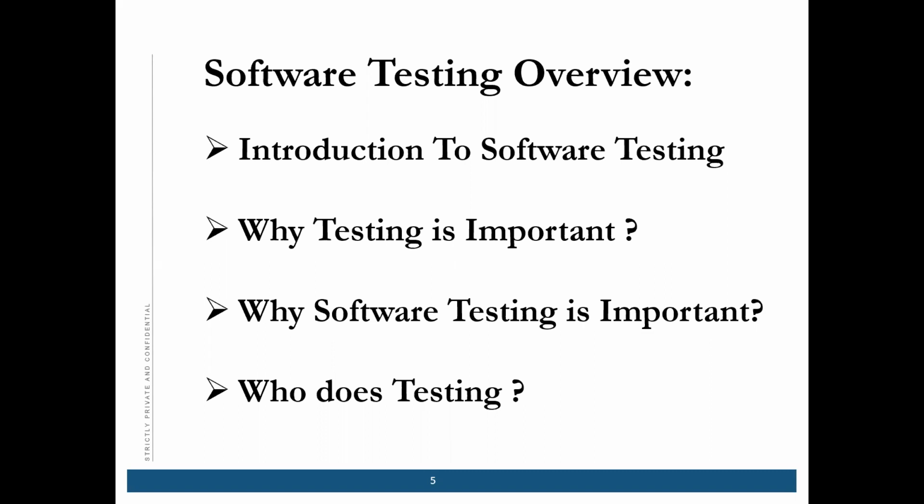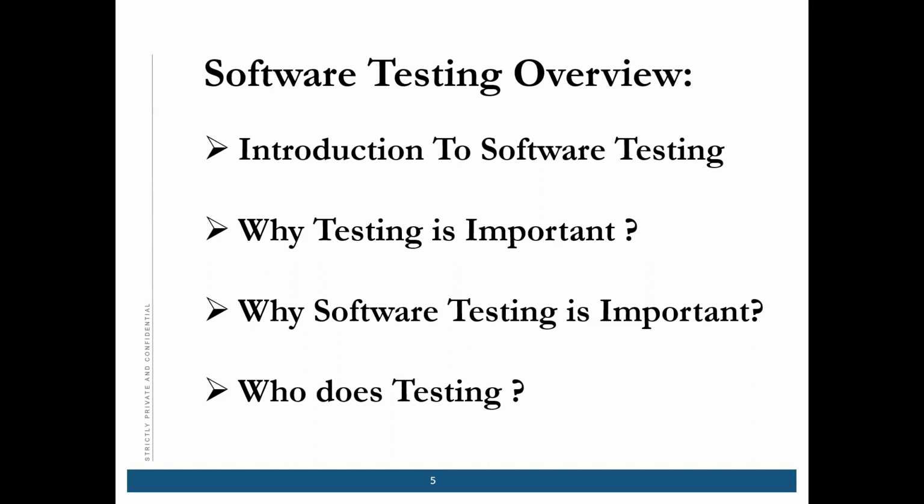So if someone asks you in the interview who does the testing, your answer should be that each and every person who is involved in the project does their own part of testing. Developers do their unit testing, testers do their own system testing, and the managers and the BAs do the exploratory testing.